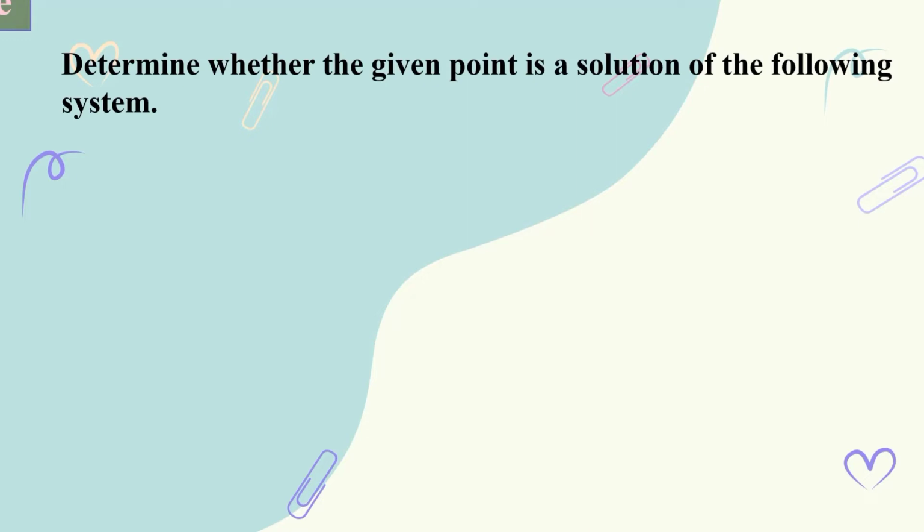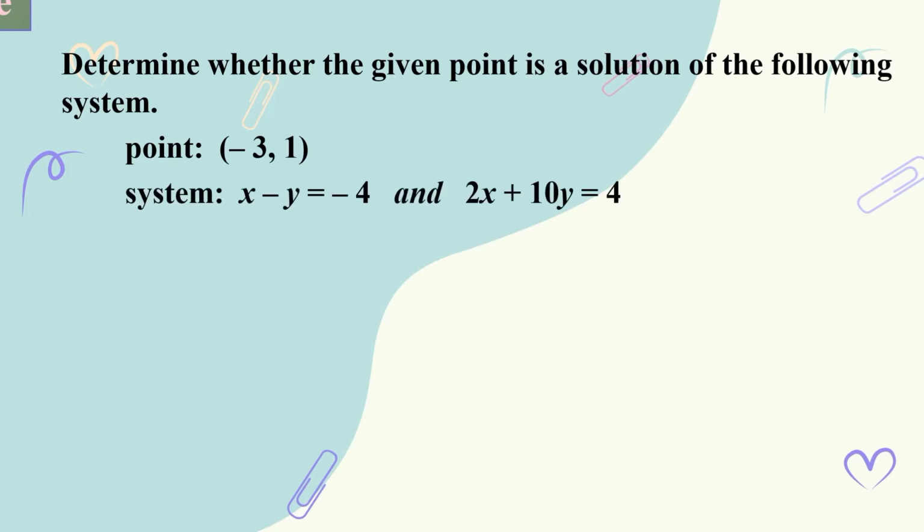We're going to know if a point is a solution of the system. Let us take this example. Determine whether the given point is a solution of the following system. Point (-3, 1). If the given system is x minus y equals -4 and 2x plus 10y equals 4, you have to plug the values into the equations.